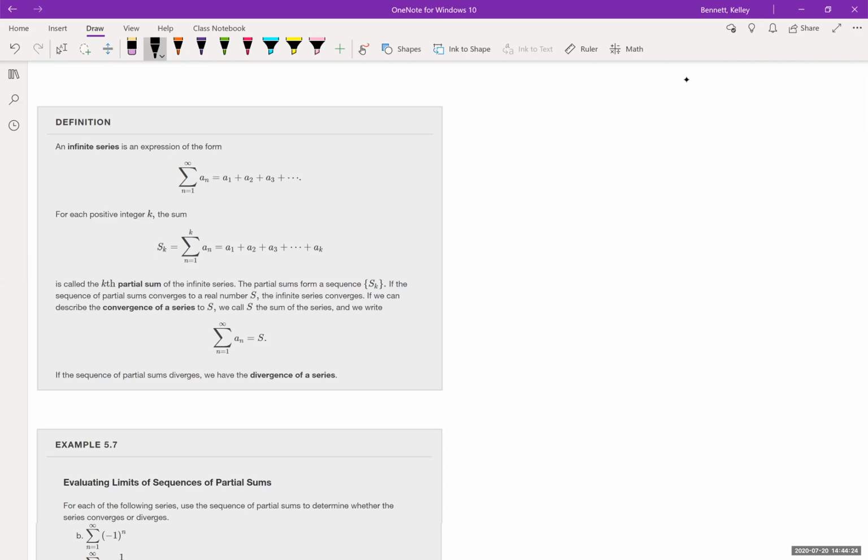Notice here in the top part of the definition, we have just what the infinite series is. In the middle part, we're going to define a partial sum. So instead of going from 1 to infinity, we're going to stop at some arbitrary value k. So now this is a finite sum, and adding a finite number of terms is very doable.